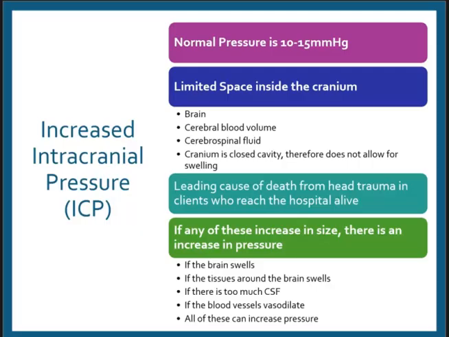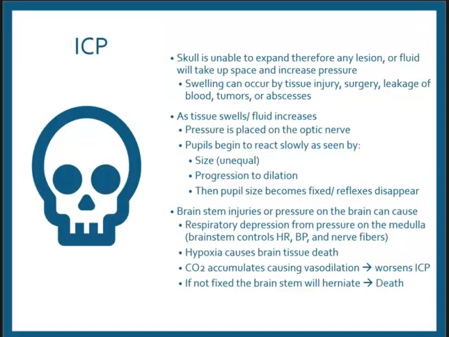If the tissues around the brain swell, again, there's going to be less area in certain parts of the brain, less area for blood flow. If there's too much CSF fluid, if the blood vessels are vasodilating, all of these can increase pressure. So remember, the skull is unable to expand, therefore any lesion or fluid will take up space and increase pressure.